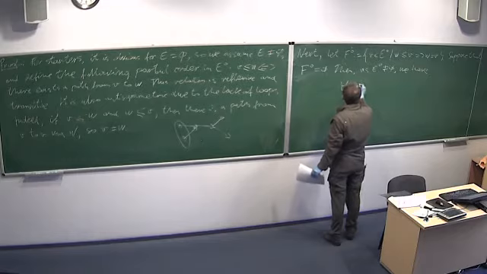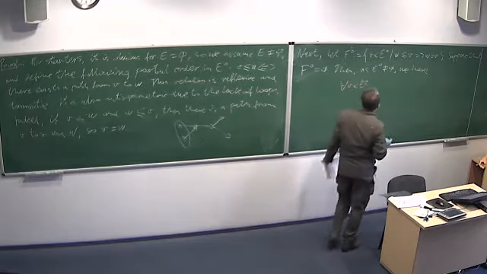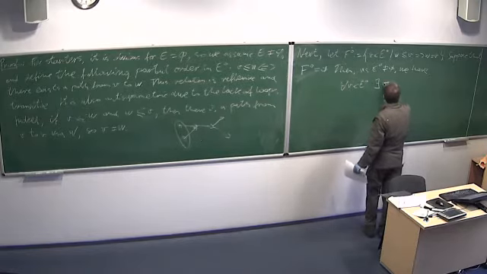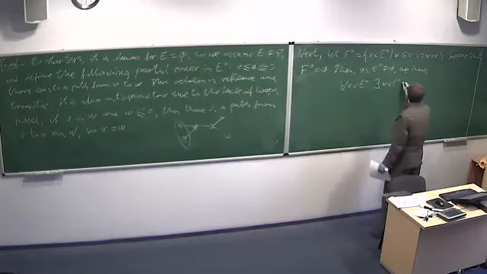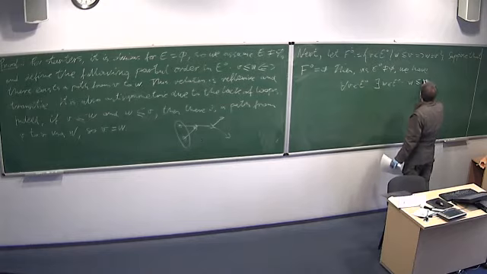So for every V in E0, there exists a vertex W such that this is true and this is not true.